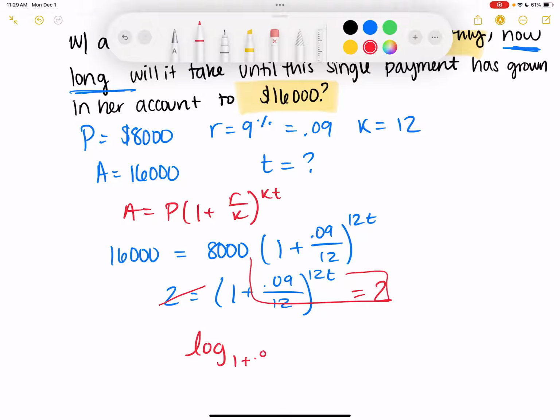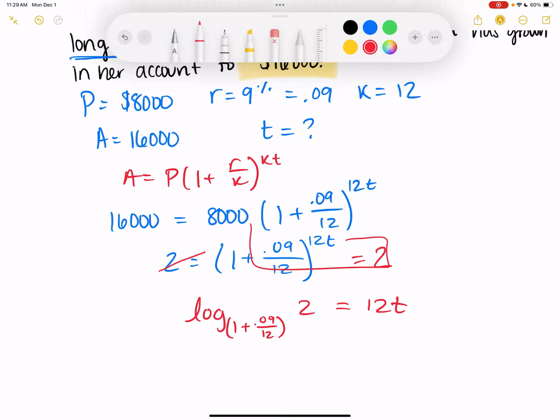So use log base on your calculator. Remember, log base is under math, and you'll have to arrow up.